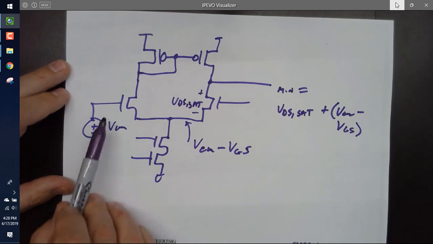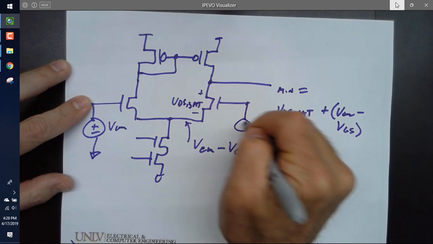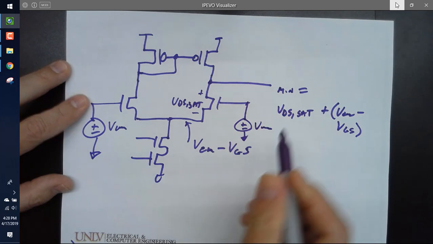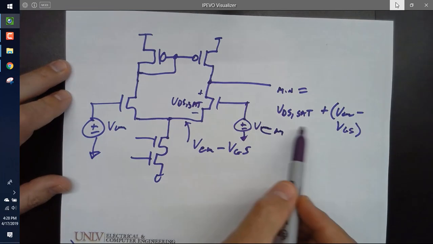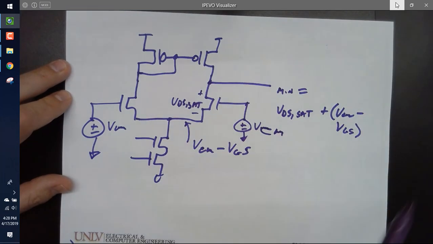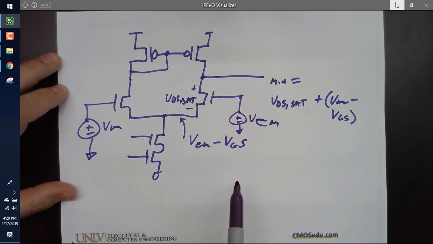It isn't going to be dependent on what the inputs are. If I assume they're both at VCM and I CM and I swing and I ask what's the minimum output, it's going to be VDS sat plus VCM minus VGS. Am I making it too hard? Or does it look too easy?